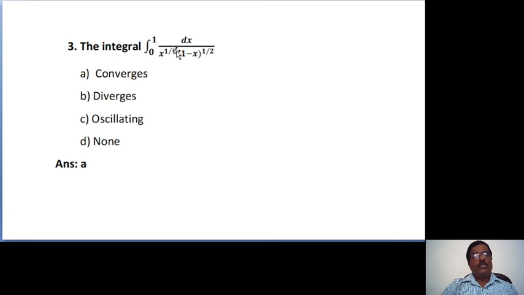Then check the convergence of the integral of 1 by x raised to 1 by 2. Here n is 1 by 2, which is less than 1, so it is convergent. So just try this problem. The answer is that it is convergent.